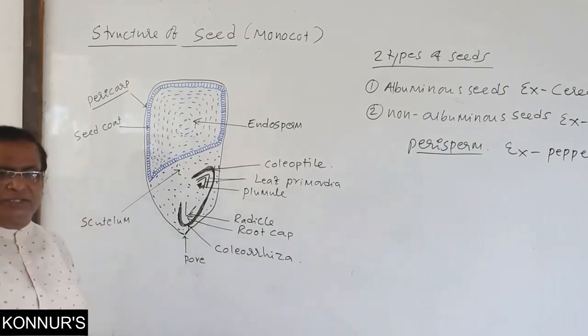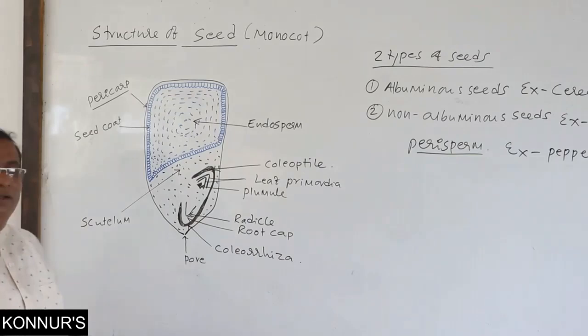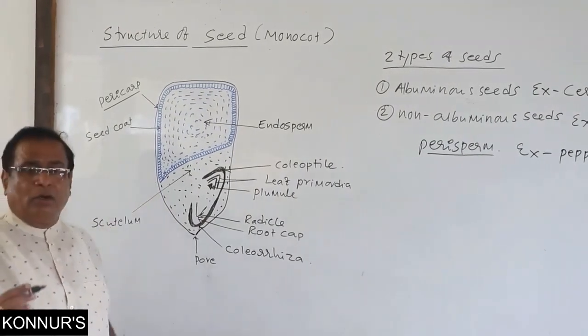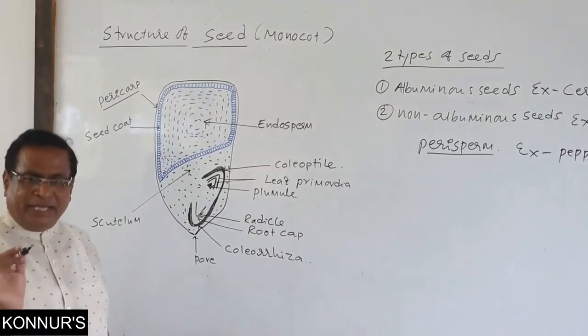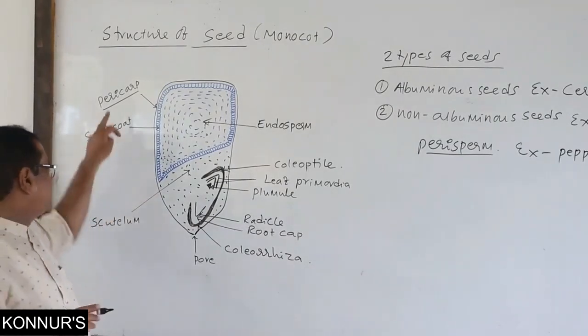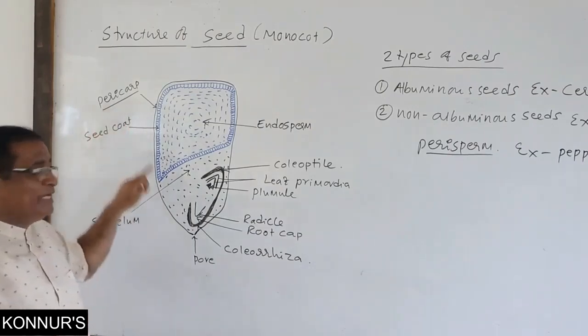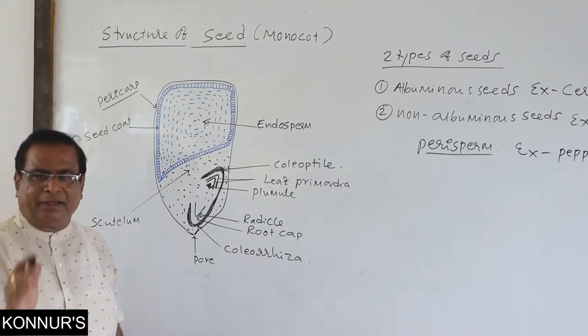I have drawn the structure of cereals, where cereal seeds are all one-seeded fruits, so the outermost covering is the pericarp. Next to that is the seed coat. It's hard and tough.